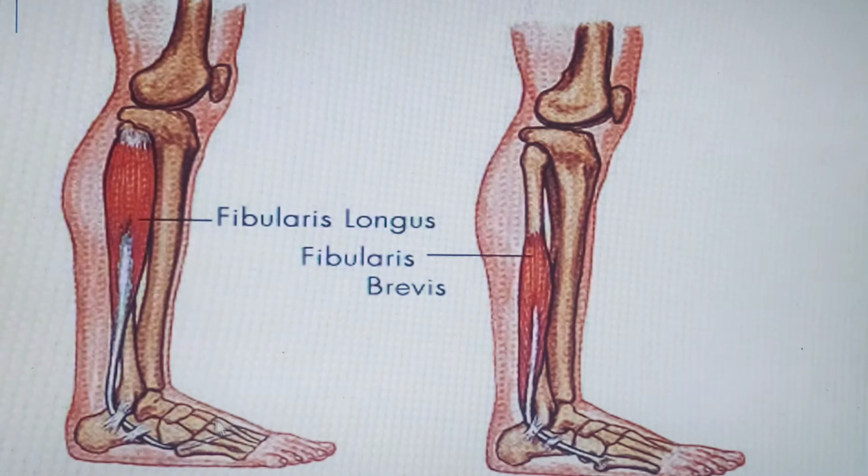It also attaches to the medial cuneiform, although we can't appreciate it so much here. It will have two insertions, the medial cuneiform as well as the base of the first metatarsal. So that's how it's going to run all the way, crossing the various metatarsals, to insert on the base of the first metatarsal as well as the medial cuneiform bone.